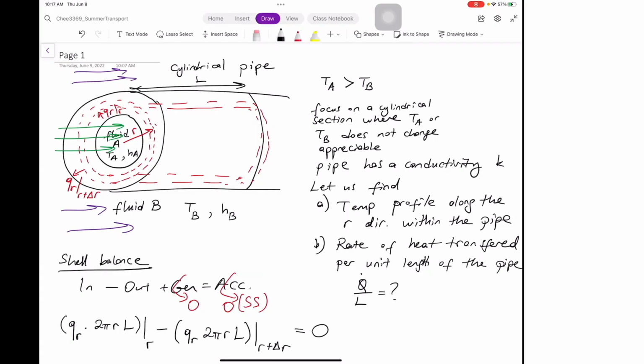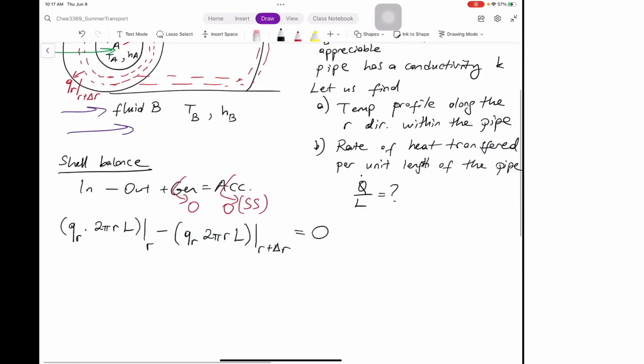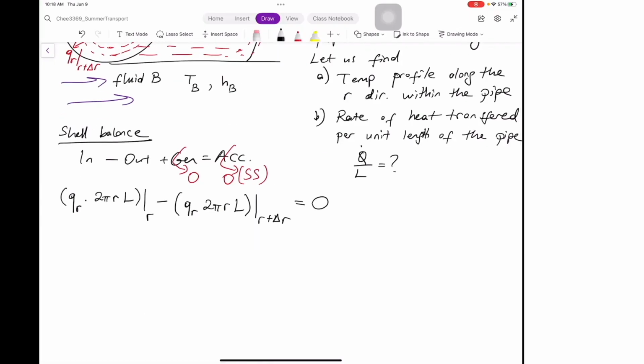So it's very convenient to take the QR along the plus r direction, or QX along the plus x direction, and QY along the plus y direction. So take it as if it's positive, and then whatever result comes out, you can argue whether it's towards inside or outside. Okay, so it's a good practice to take the QR along the plus r direction, because it's going to be a signed quantity.